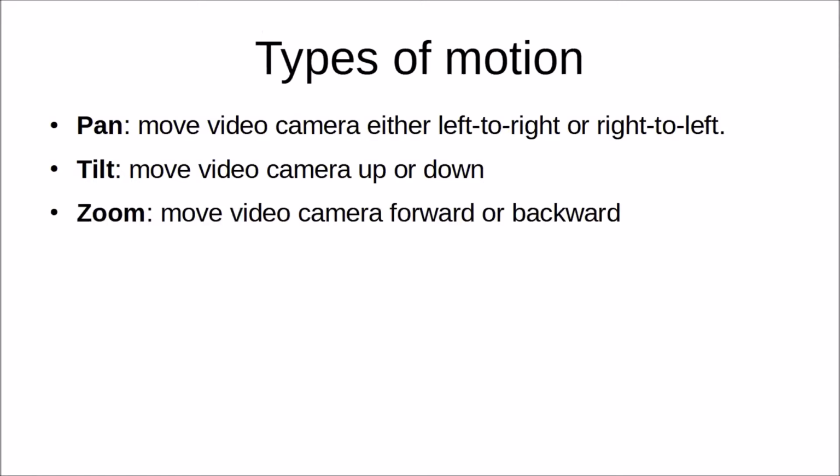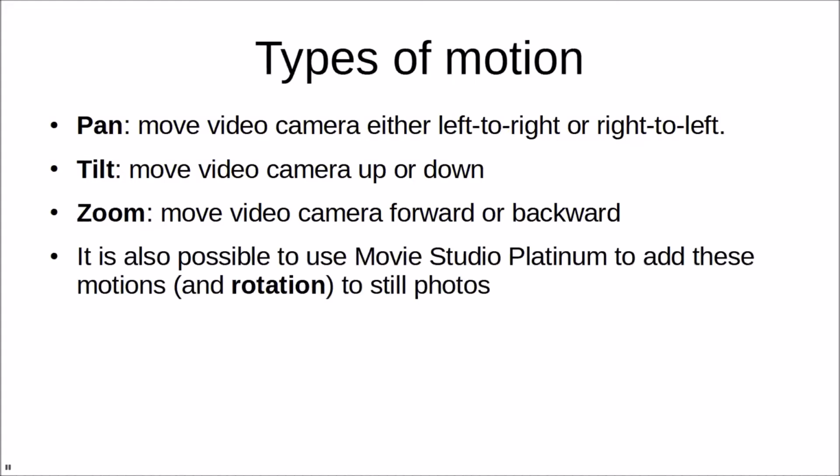A zoom means you move the video camera forward, closer to the subject, or backwards, away from the subject. So that's zoom in or zoom out. And you can do the same thing these days with zoom lenses. It's also possible to use Movie Studio to add these motions and rotation as well to still photos.